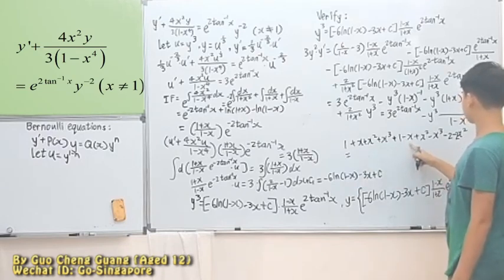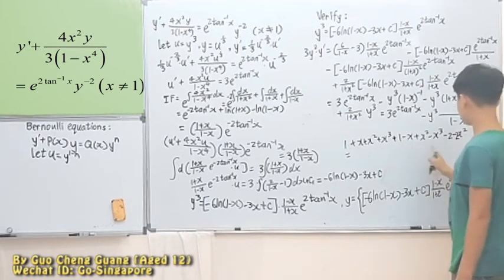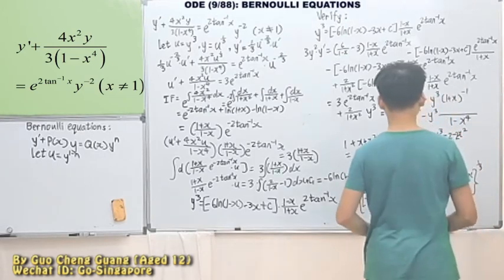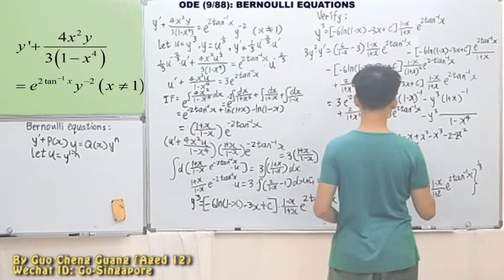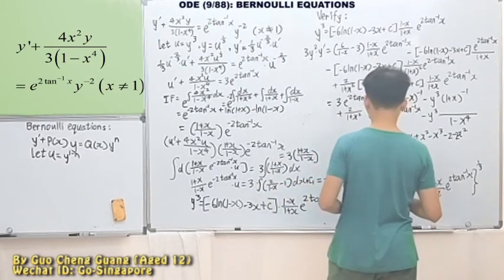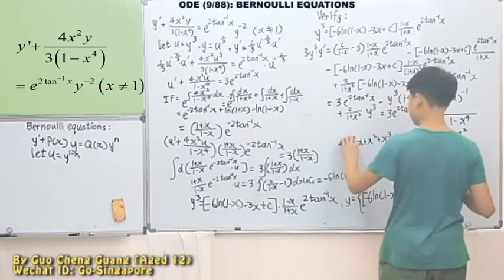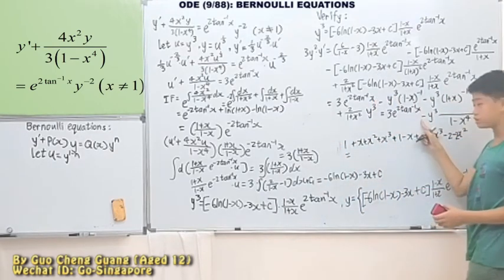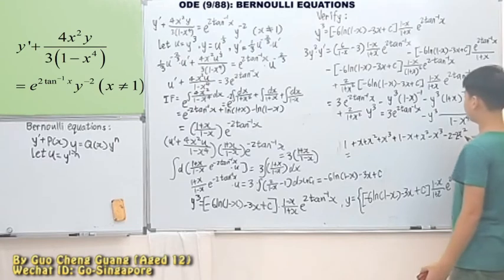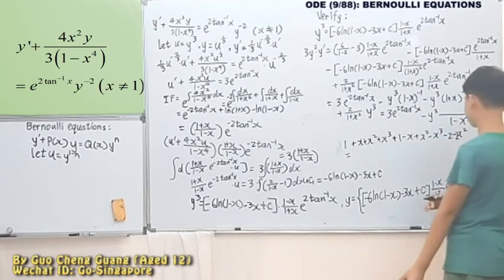X cancel out. Okay, x squared also cancel out. Wait, but then x cubed. Wait a second, there's one little part we didn't realize. Okay, this you also have to be careful. So let's just put all these in first. Wait, because here we use minus, so yes, these are also minus.